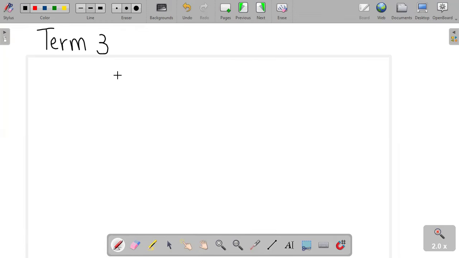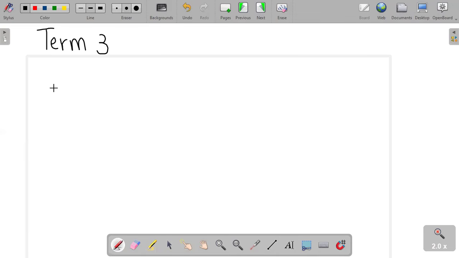So for term 3, there are 7 topics that we have to do.